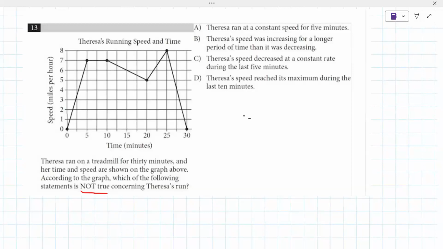B. Teresa's speed was increasing for a longer period of time than it was decreasing.